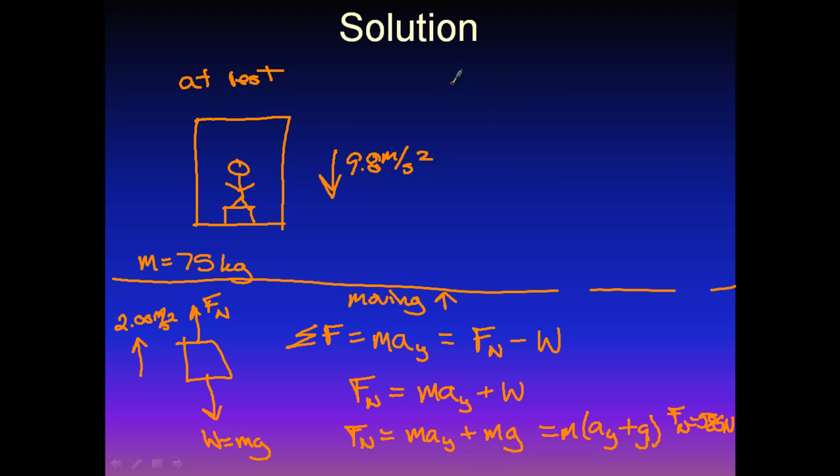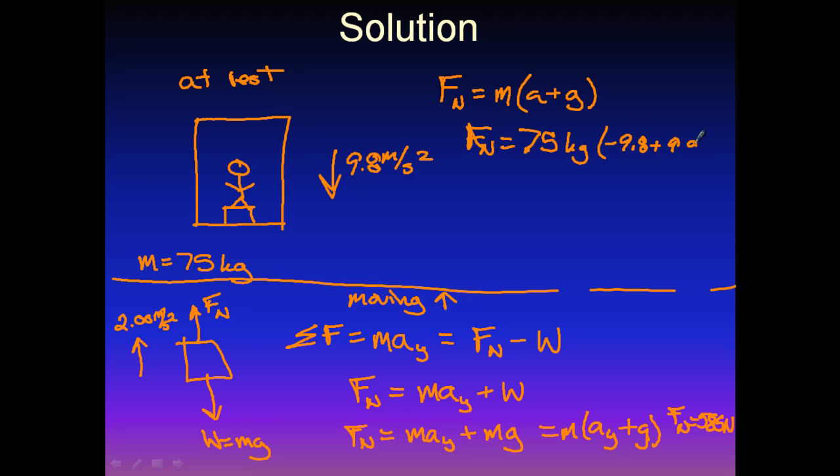Using that same formula, the scale is going to read mass times (acceleration plus gravity). So your normal force is going to be 75 times (-9.8 plus 9.8). So now your normal force is going to be 0, because the term in parentheses is 0.